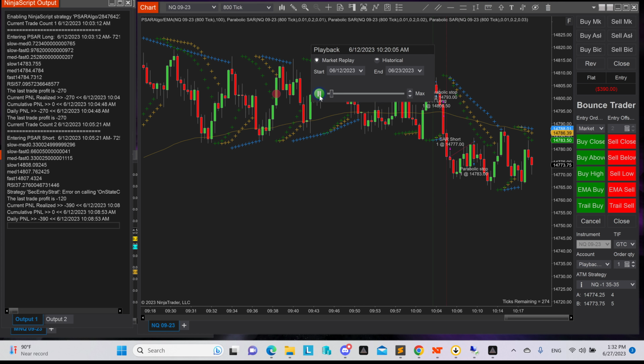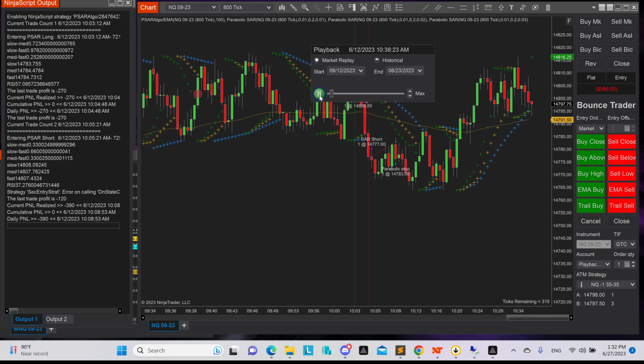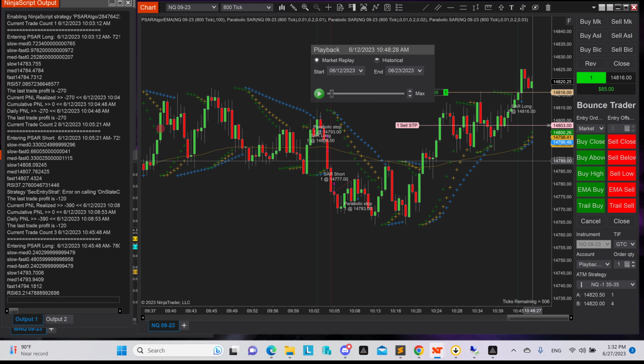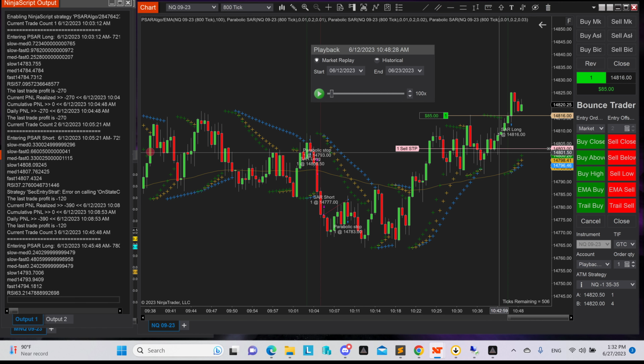Let's look for another trade. Right there, let me slow this down. So it put this initial stop loss, and it trails the stop based on its own algorithm, its internal NinjaTrader algorithm, which I find is pretty cool.